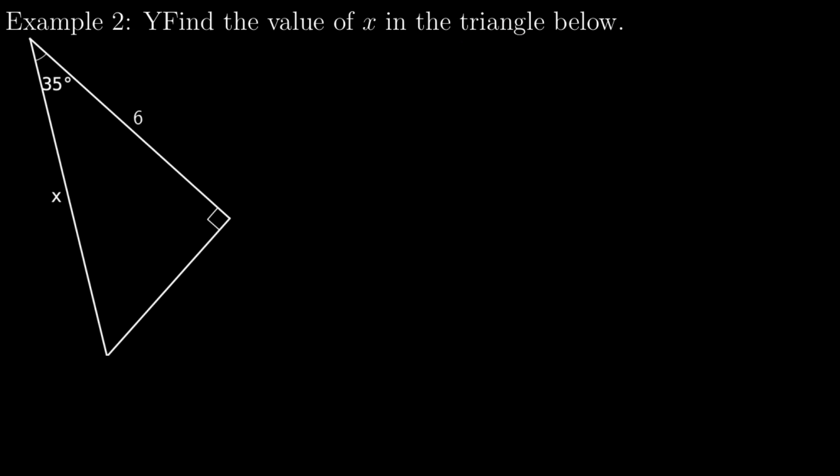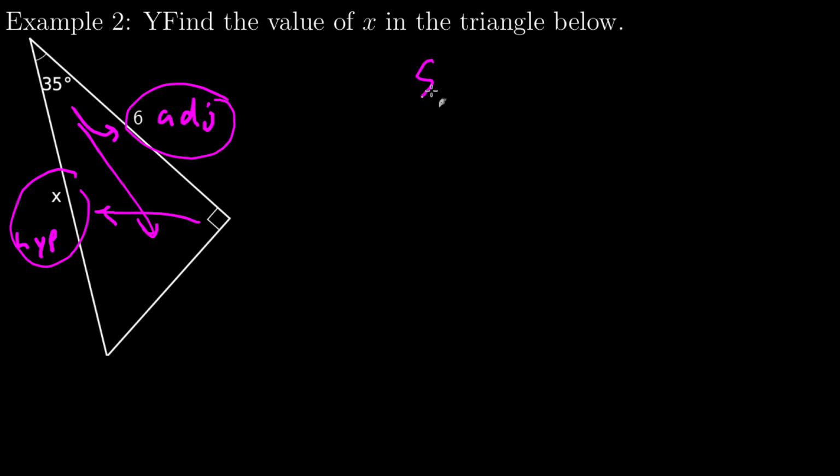Moving on. Same setup. Find which sides we have. So I have across the right angle, I have the hypotenuse. I do not have anything over here on the opposite side, or opposite leg, but I do have a 6 on the adjacent leg. I look at SOHCAHTOA. I have the hypotenuse, I have the adjacent, that would be CAH.